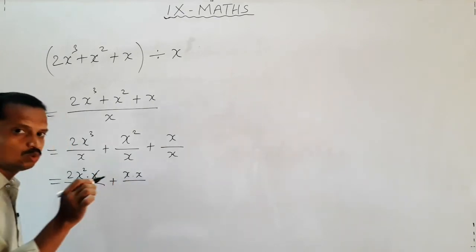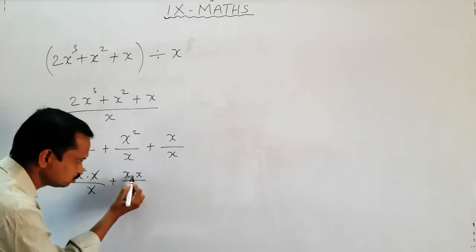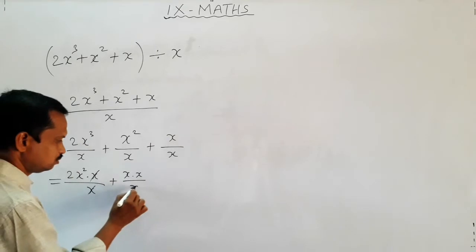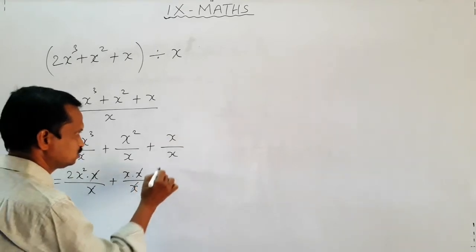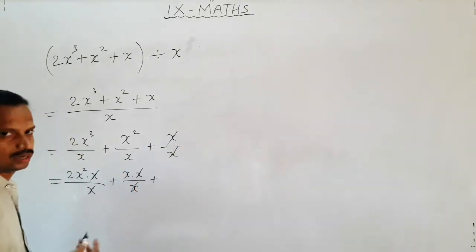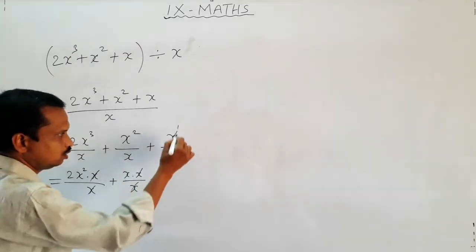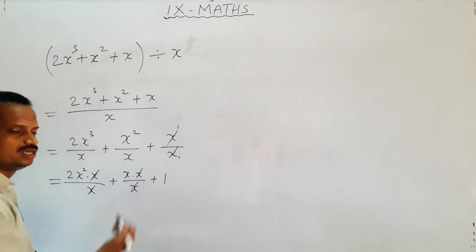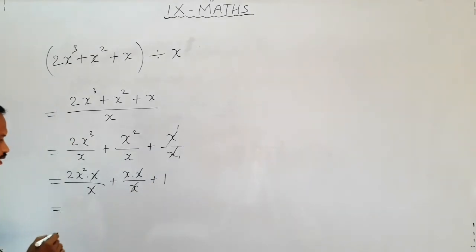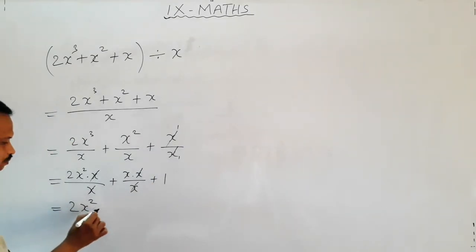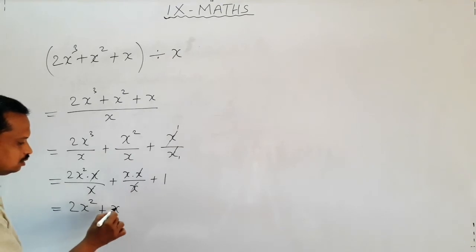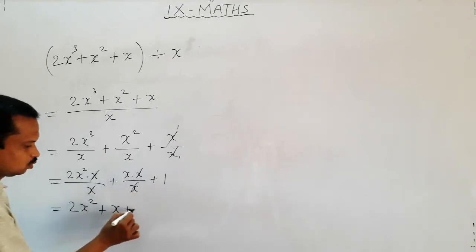For "into", I just put a dot. So x cancels, plus here 1x, here also 1x. So what will come here? 1. So 1 by 1 is 1. So finally we get 2x square plus x plus 1.